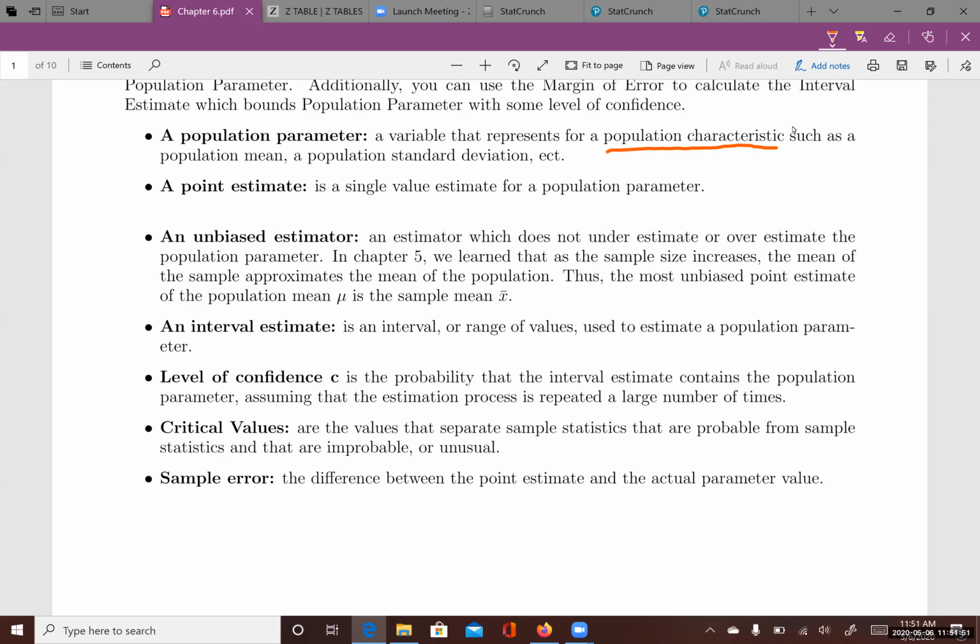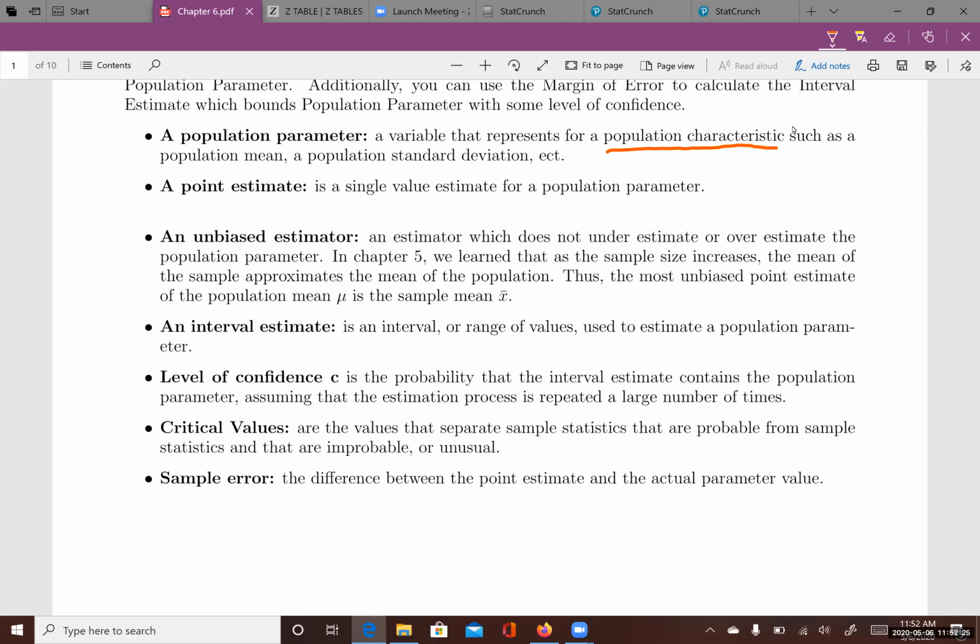Unbiased estimator. An unbiased estimator is a point estimate that does not underestimate or overestimate the population parameter. That means you can use that estimator to estimate a population mean or a population parameter without big errors.